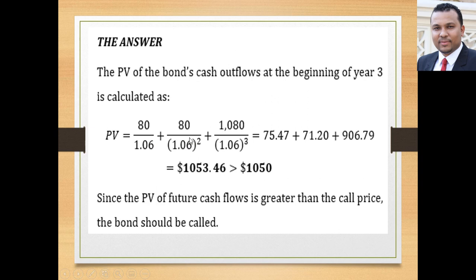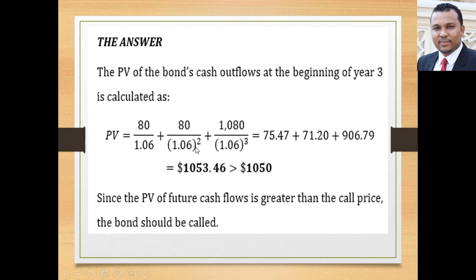The same coupon of 80, divided by 1 plus 6%, but the power equals 2 because we start with year 2. Year 1 power 1, year 2 power 2, year 3 power 3. The same 1 plus 6%, but the difference is in the power.